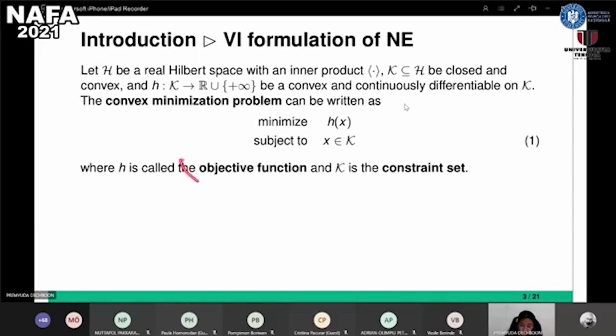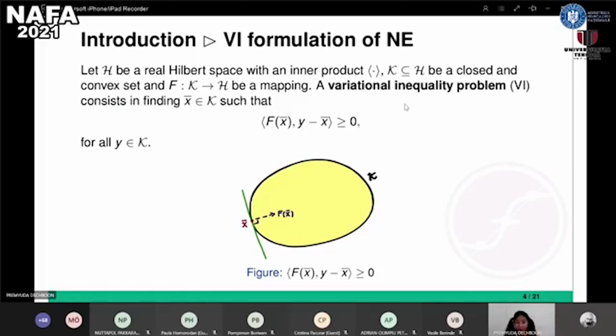When we consider the closed and convex set, and the function h is convex, we can have a convex optimization problem. And we know that there is a relation between the convex optimization problem and the variational inequality problem. That's why in this work, we consider the variational inequality problem.